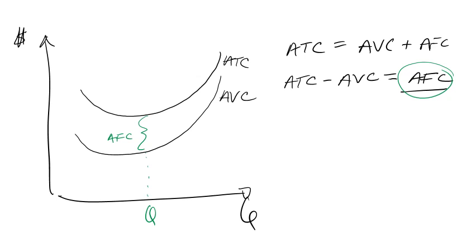Now, since fixed costs never change, but we're obviously making more and more output, as we make more and more output, AFC, of course, is getting smaller and smaller. And these two curves actually are going to get closer and closer together. My drawing's kind of ugly, but they'll asymptotically approach zero.